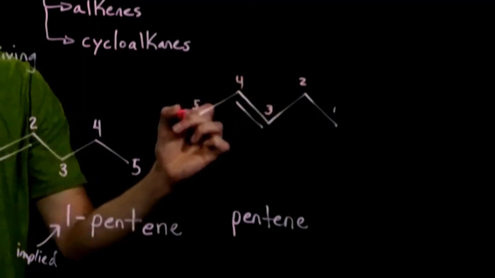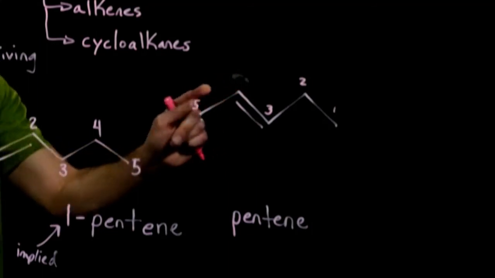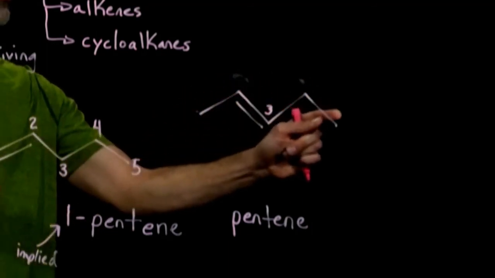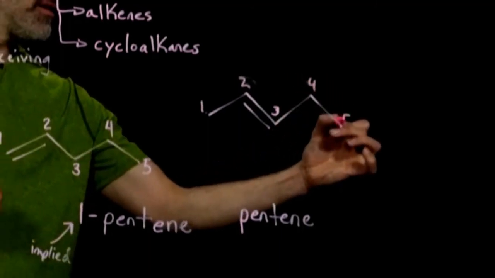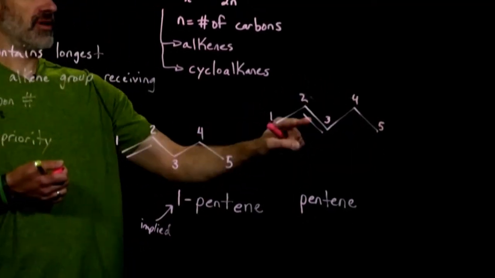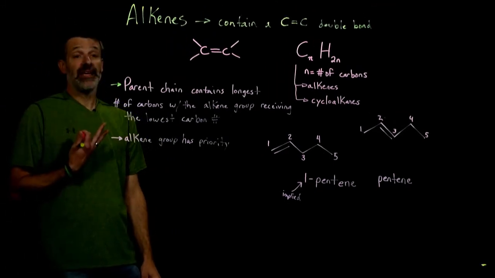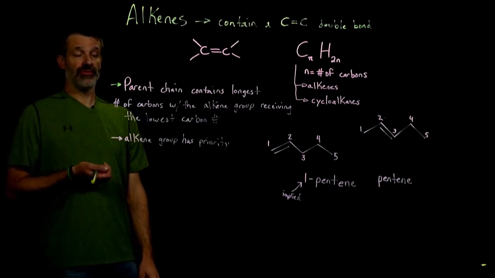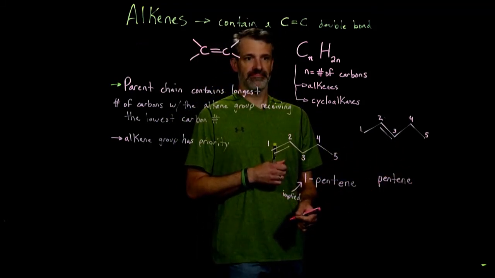There, that's not going to give us what we're looking for. 3 is the lowest carbon number. But if I change directions from left to right, my lowest possible carbon number for the alkene double bond is on carbon 2. So left to right here gives us the lowest possible carbon number.